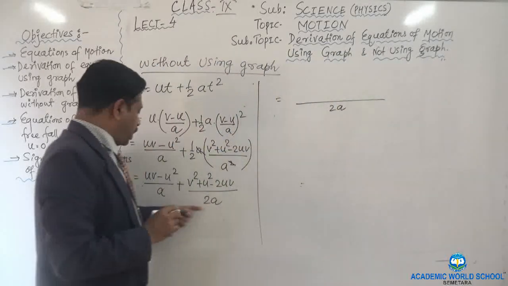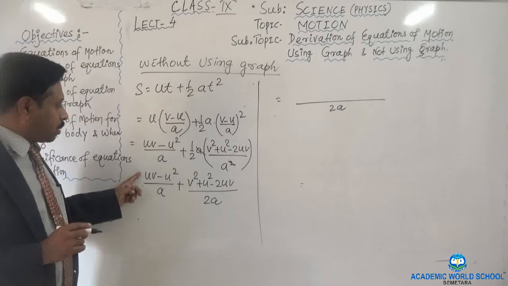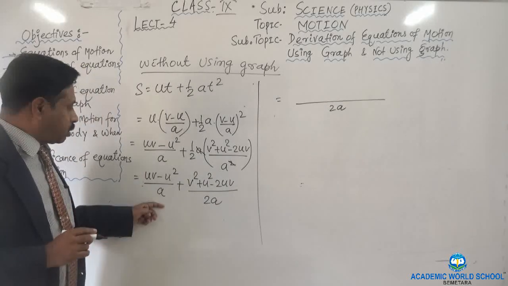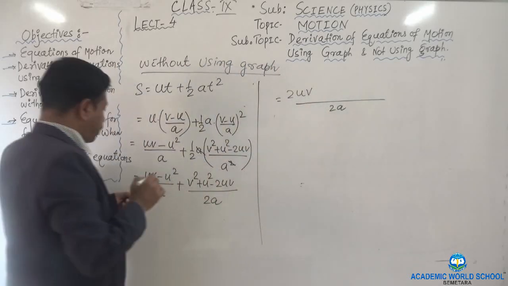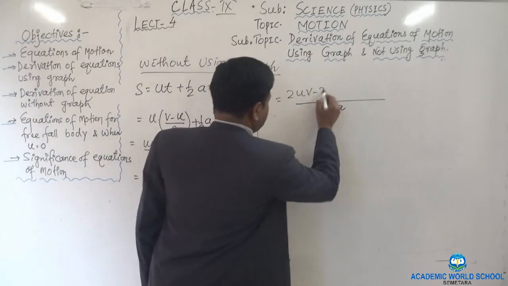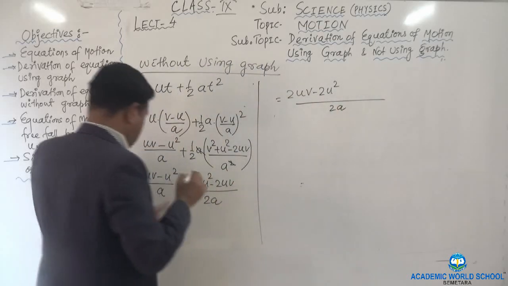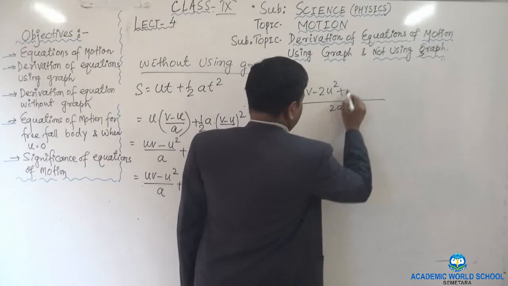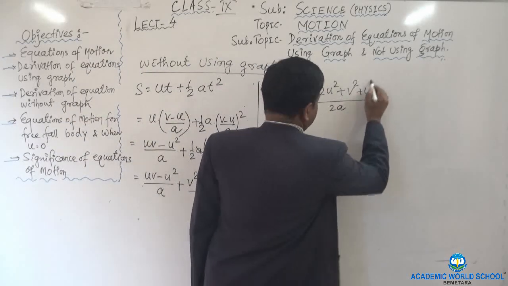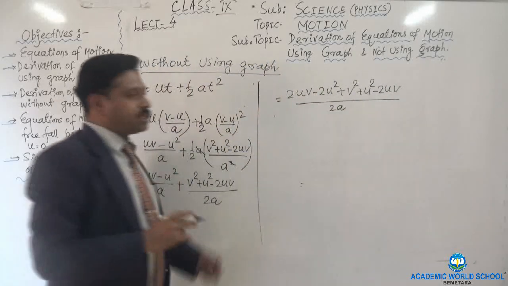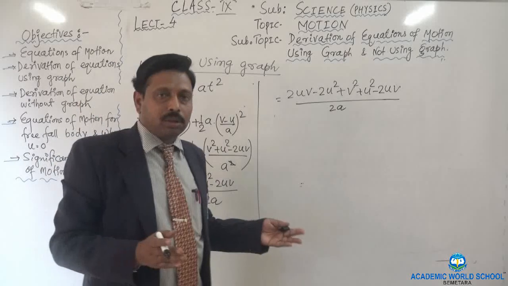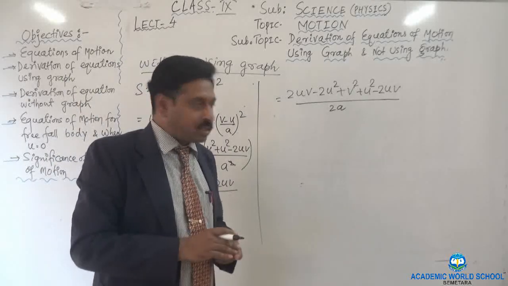Then 2a divided by a and the quotient will be multiplied here, so 2a upon a equals 2. So 2uv minus 2u square plus v square plus u square minus 2uv. This is according to the addition you do in addition of fractions.